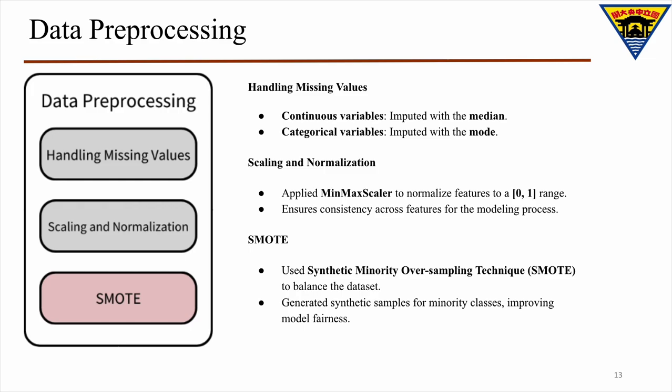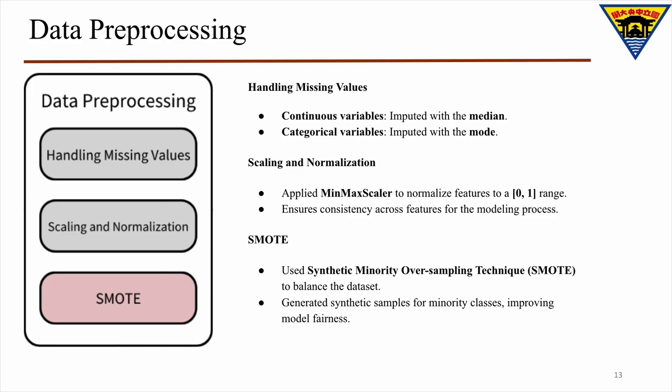The first is handling the missing values. We have two different types of variables in this data set. One is continuous, for which we impute the median to handle the missing values, and another one is categorical variables, for which we use the mode to impute the missing values.